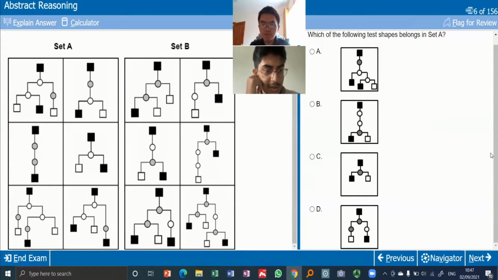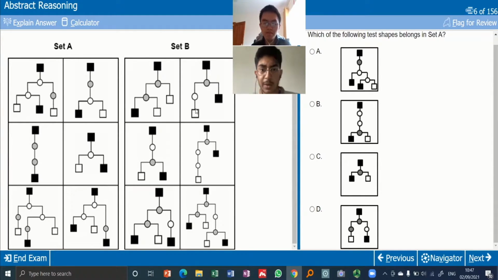Immediately I can see that in set A, a gray circle means there's only one connection at the bottom, but a white circle means that there are two connections, and that's something that I've spotted. But in set B, it looks like the opposite is the case. So often the patterns in set A and set B are related.